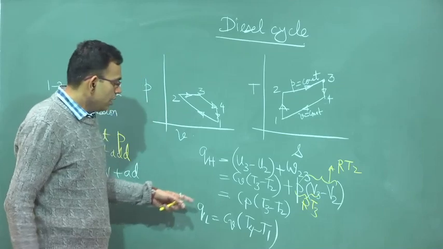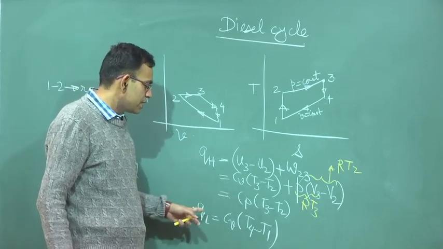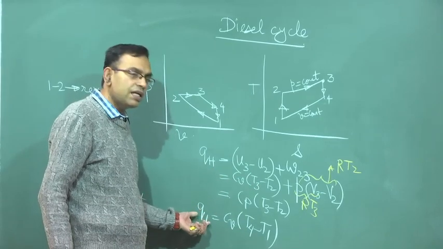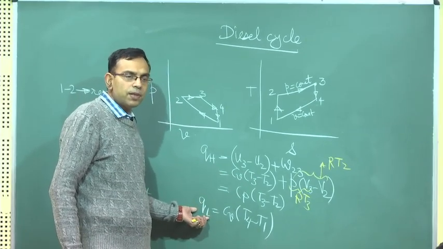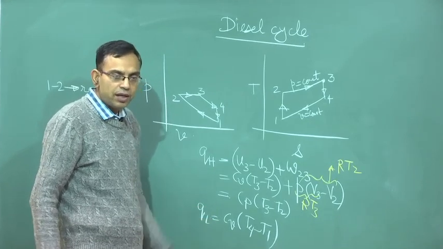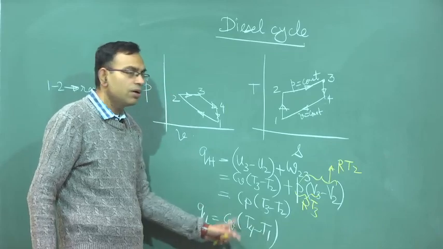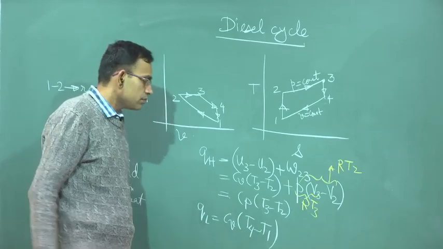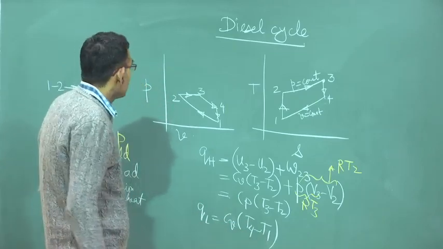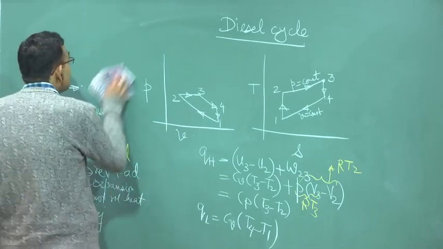Remember, sign wise this is a negative heat transfer, but when you are writing QL for the purpose of calculating efficiency, it is already the magnitude. So, we have to write T4 minus T1 and not T1 minus T4. We will calculate the efficiency on this side.